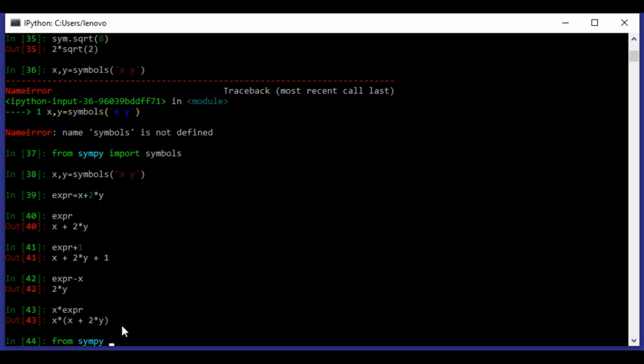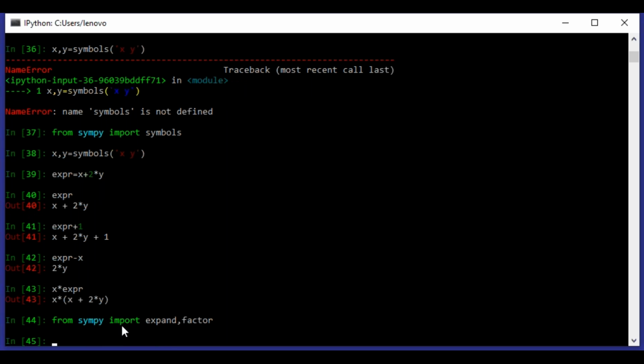For that we can import from SymPy expand and also factor. Once it is expanded, we can also represent it in a factorized form, that is here x into x plus 2y.